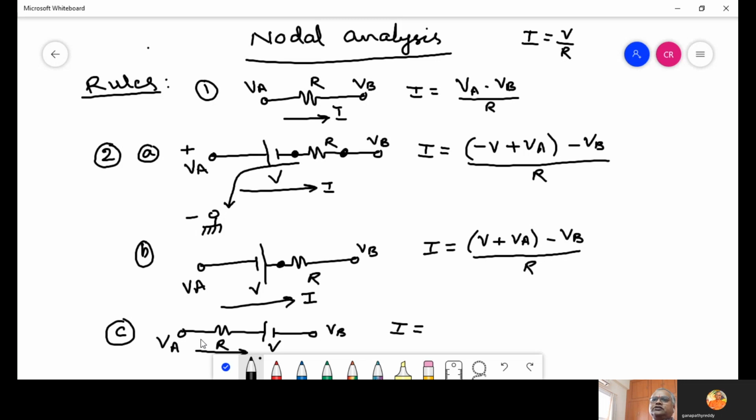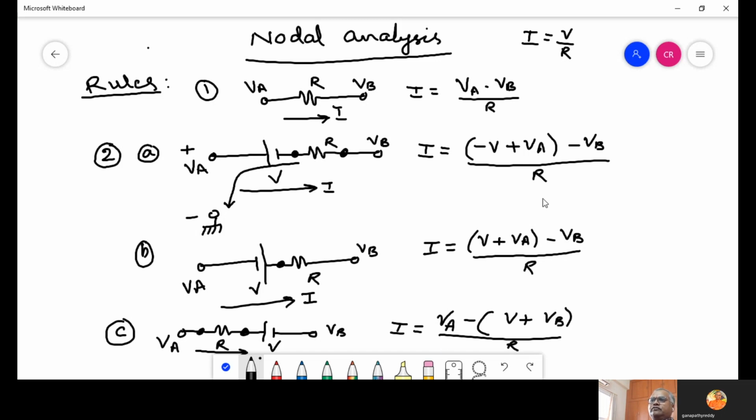Keep your attention on the resistor. Find this voltage. What is the voltage here? VA, minus the voltage at this point. What is the voltage here? Again, start here, go to ground. When you go like this, what you get? Plus V plus VB. So V plus VB, by R.